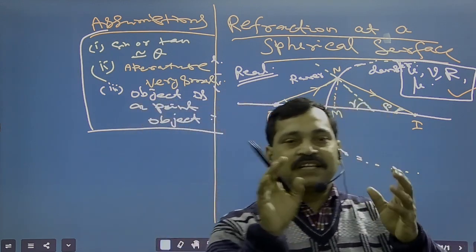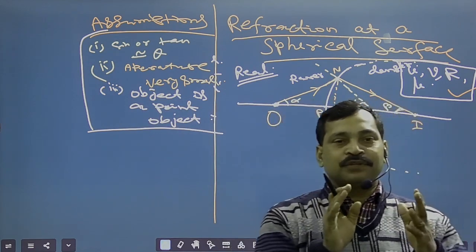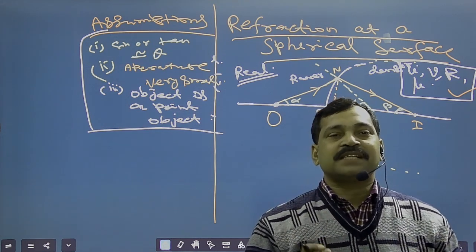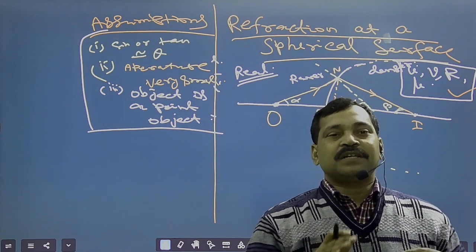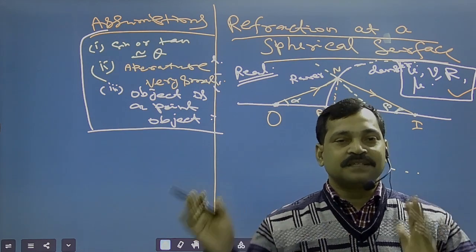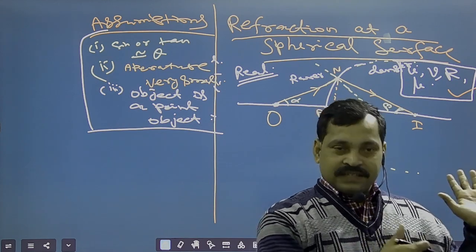So we'll have the different triangles. From the triangles we can find out the value of i and the value of r. Then after that we can put in Snell's law. Then we can relate the refractive index with the object distance, image distance, and the radius of curvature, which is the requirement here.